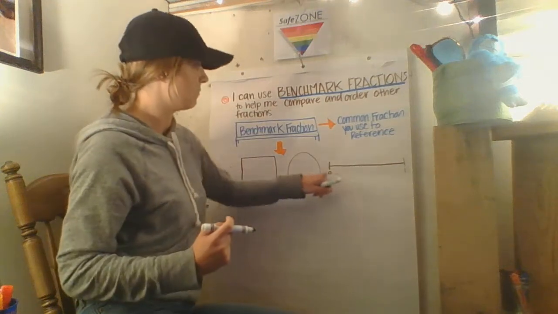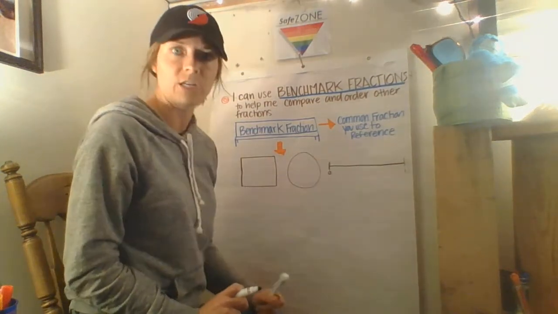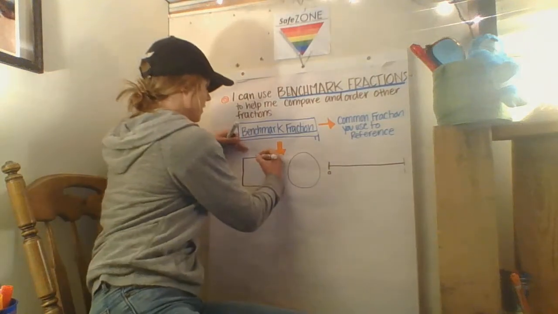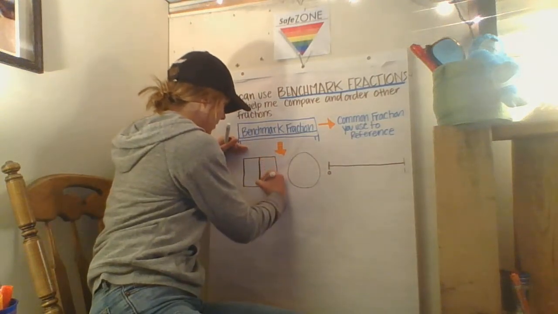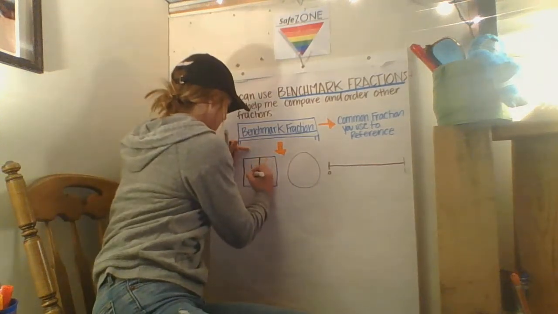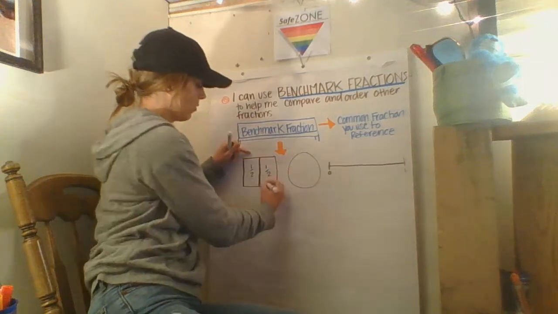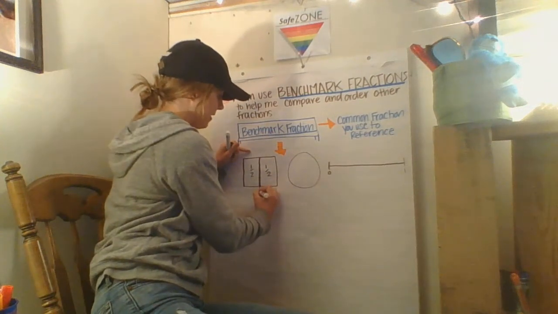And this would be an example of me thinking of 1/2 in 3 different shapes or forms. On my rectangle, I can think of each of these as 1/2, or just this point being 1/2.